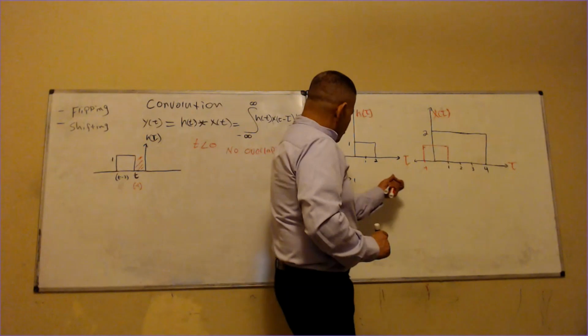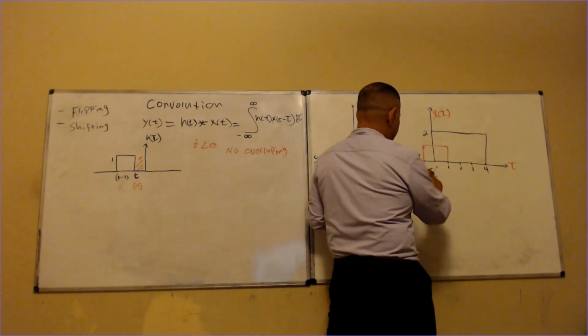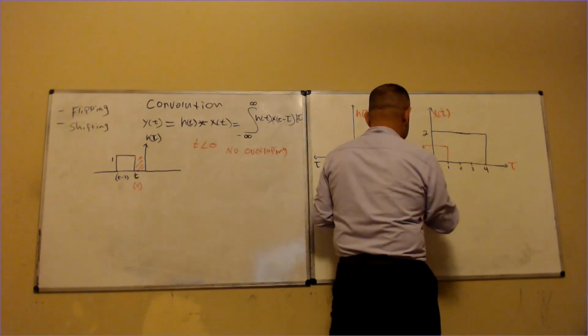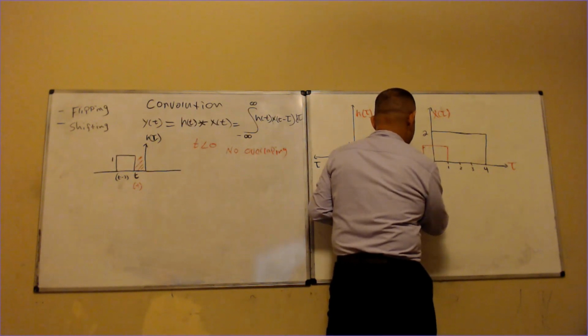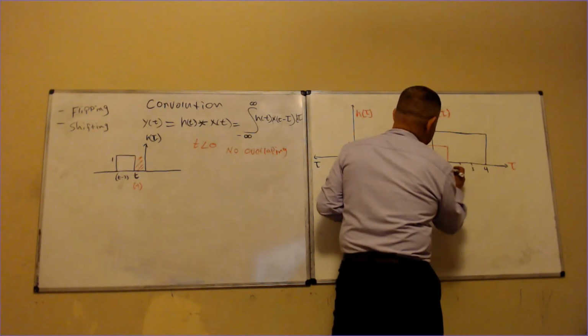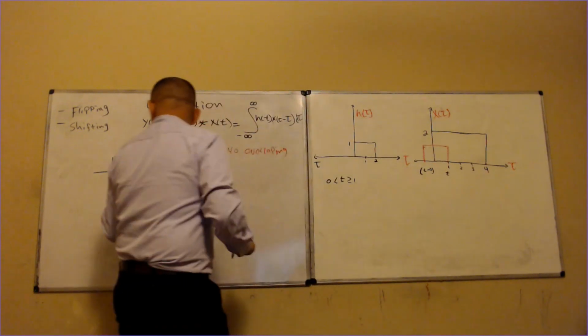Now, remember that this one is t, but then this point is when t minus 2 comes in, and this point right here is t. So t now is at that point.